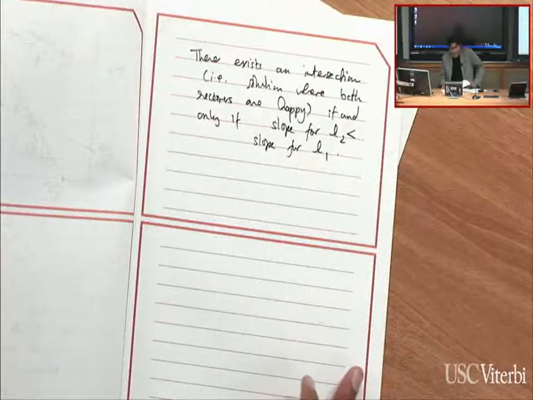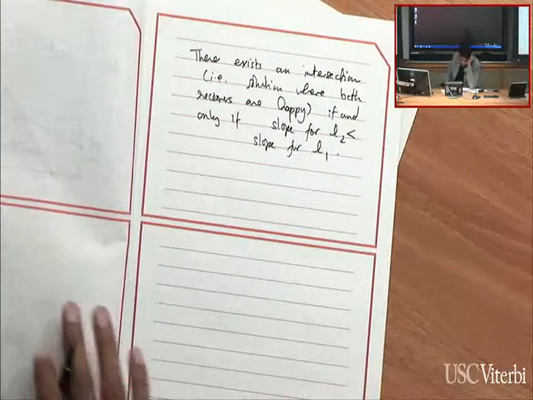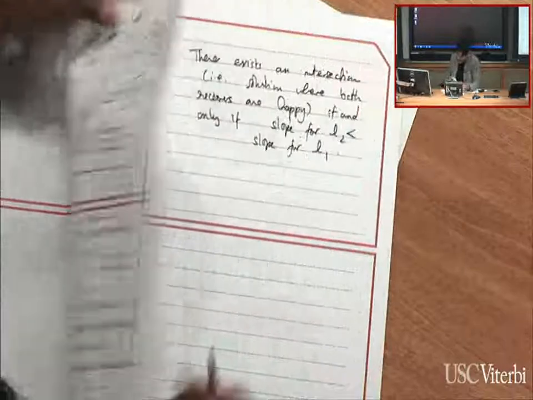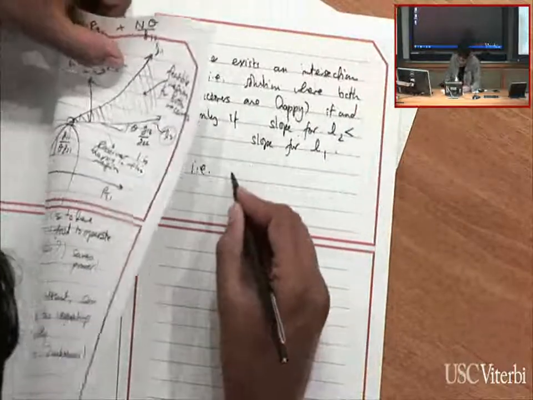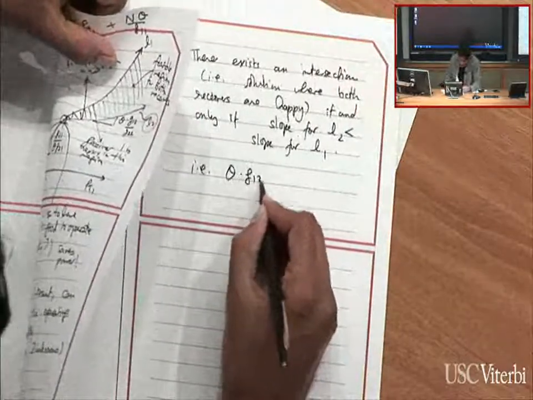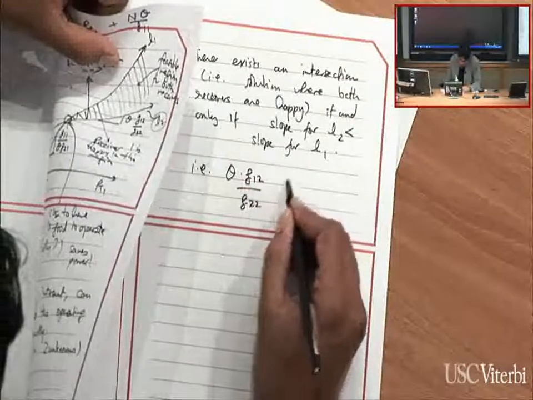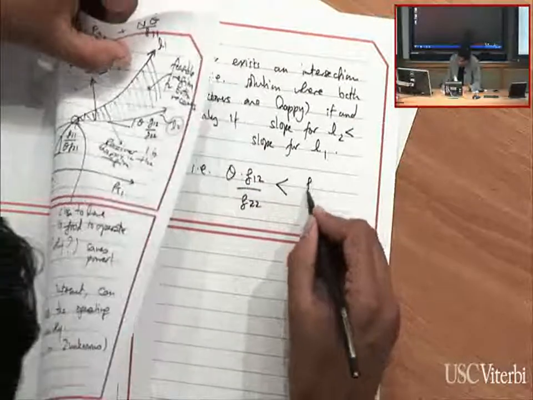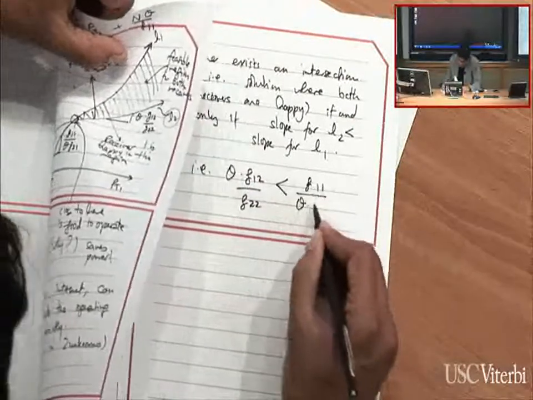Okay. So what is the slope for L2? We said it is theta times G12 over G22, which must be less than G11 over theta times G21.